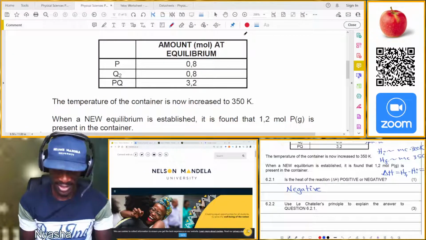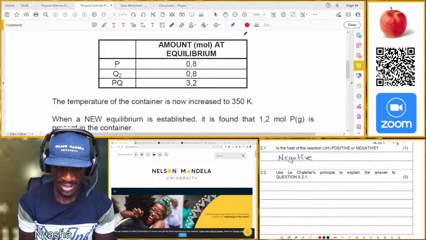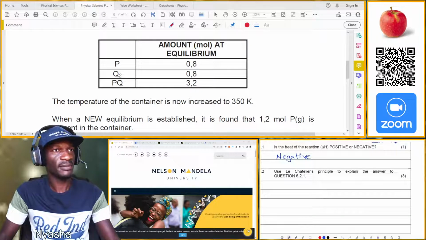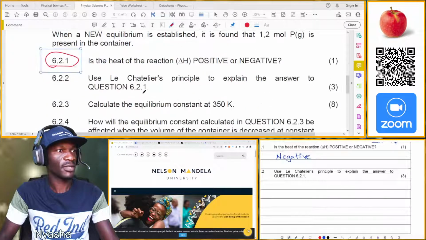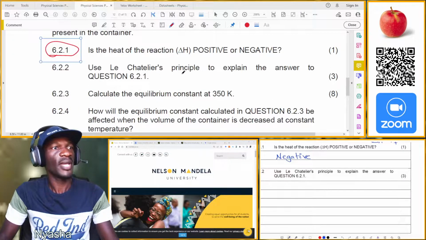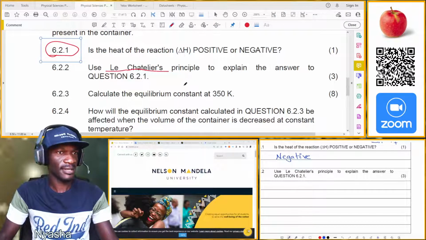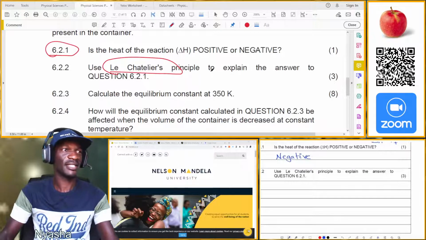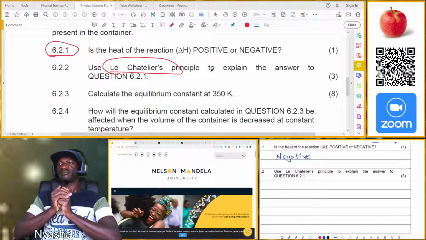Now there's a question here, 6.2.2, which states, use Le Chatelier's principle, let me scroll down to it, to explain the answer to question 6.2.1. So what does Le Chatelier's principle state?